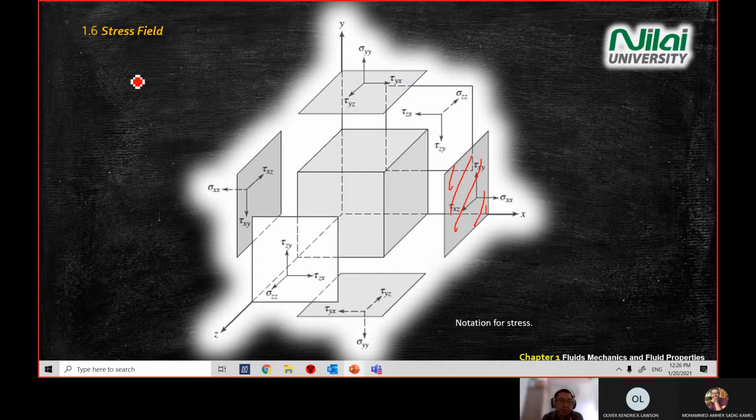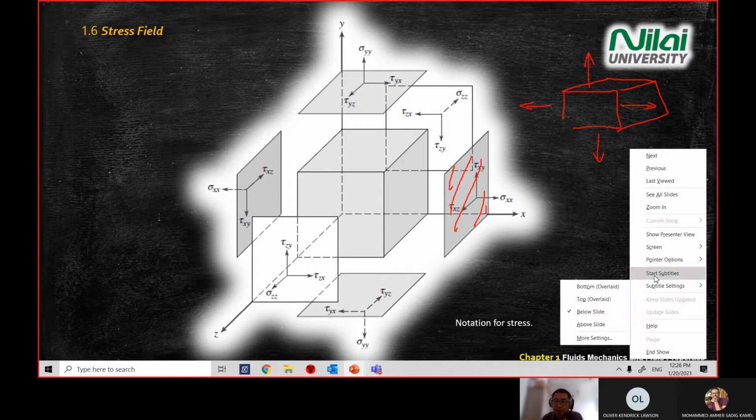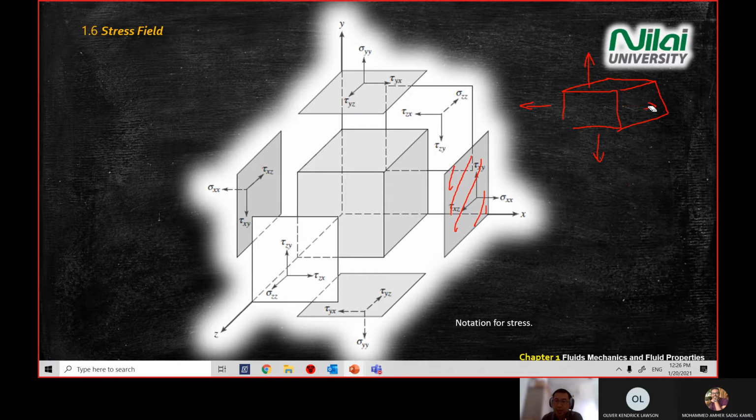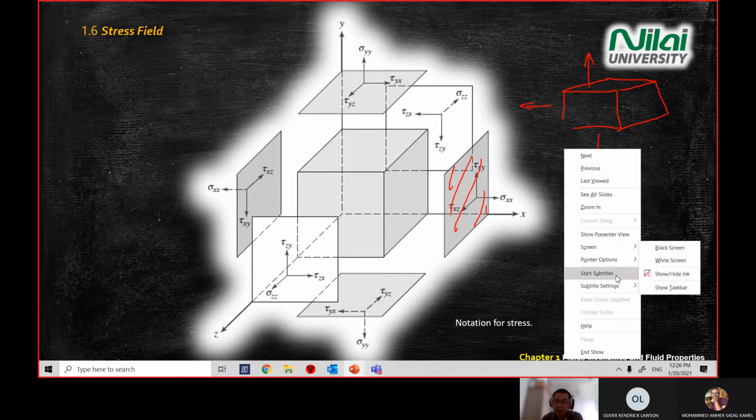Because this diagram is extracted from a cube having forces in all directions on 6 faces, and the force is acting outwards of the body.